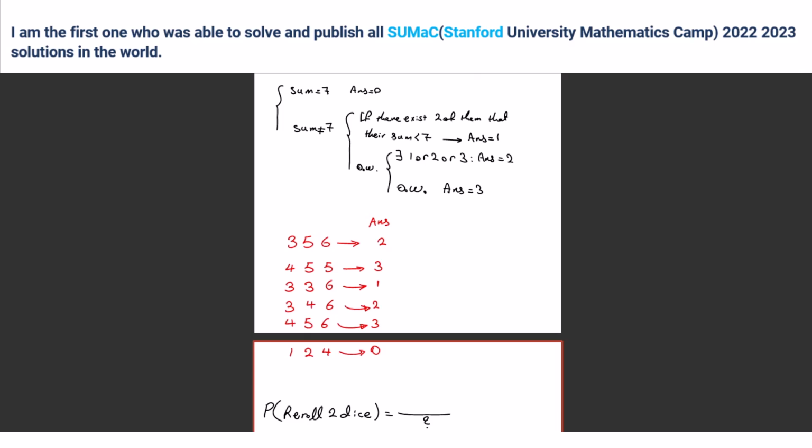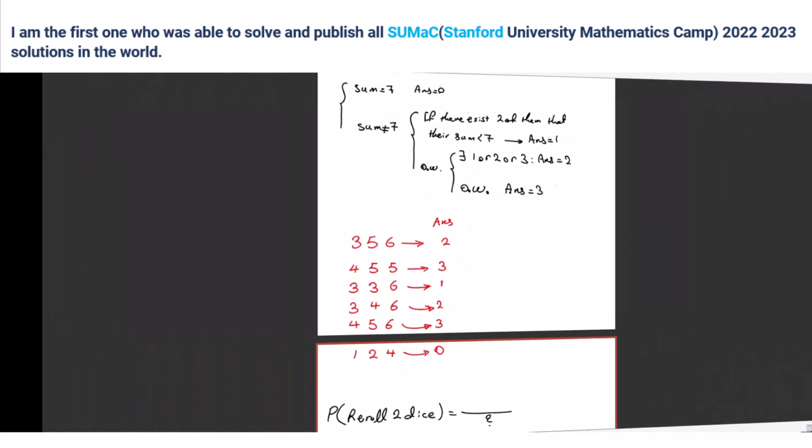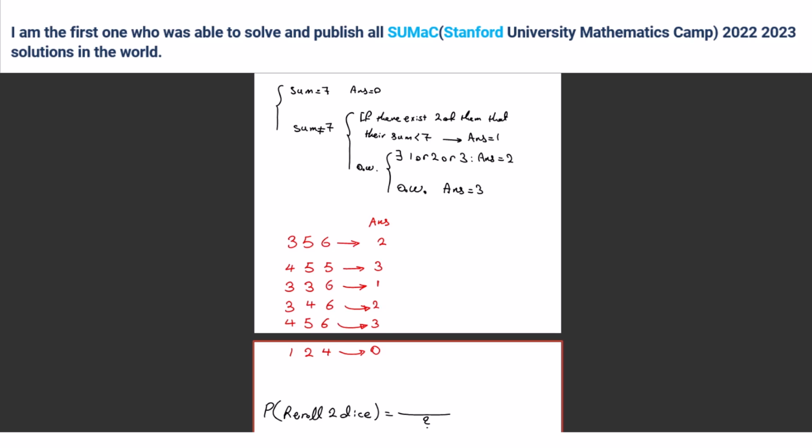The denominator is 6 cubed, because it covers all cases, right? At first we roll 3 dice, and the total number of cases is 6 cubed.